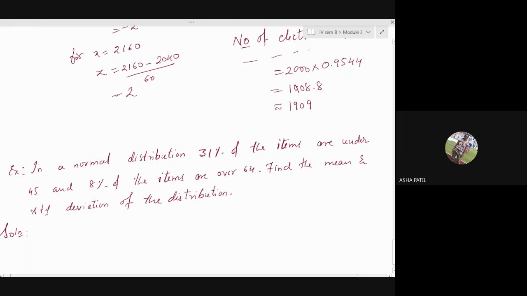Symbolically, how will you denote it? 31% of the items are less than 45. I want it in terms of probability.